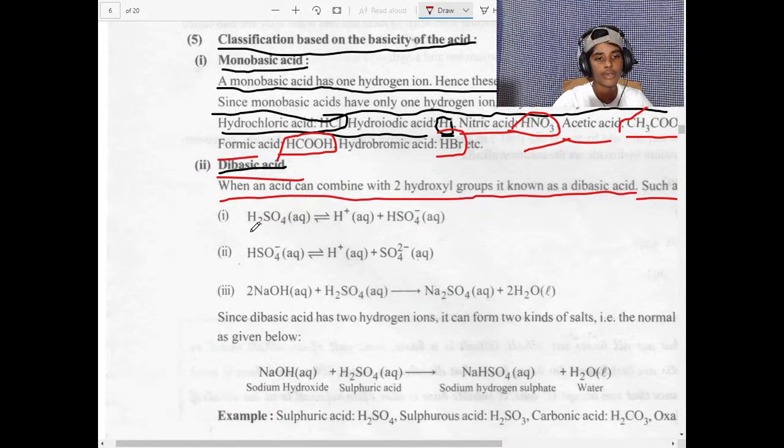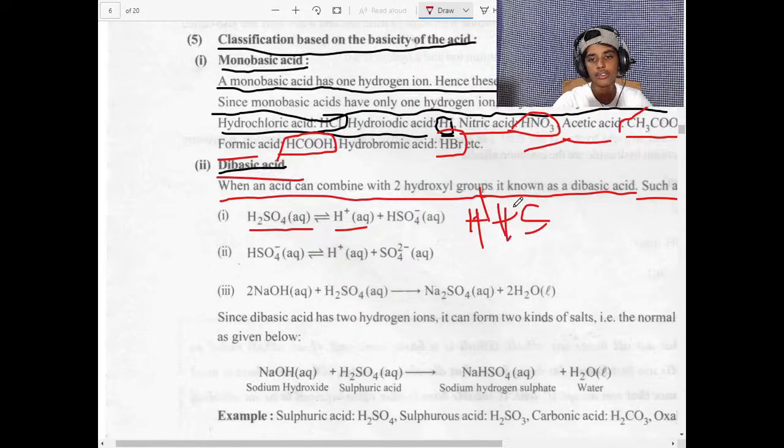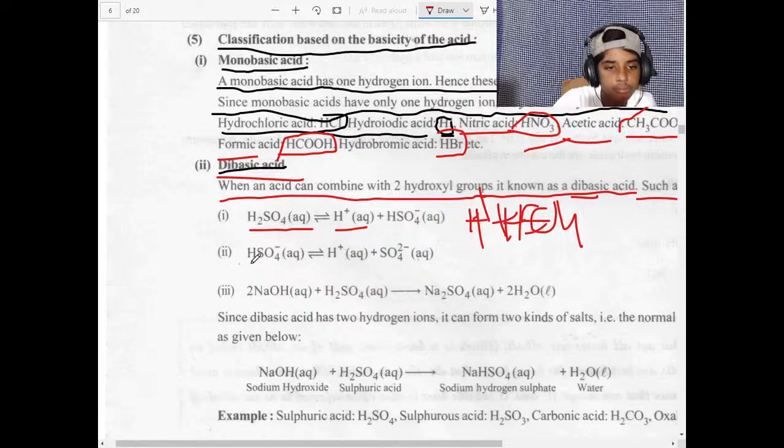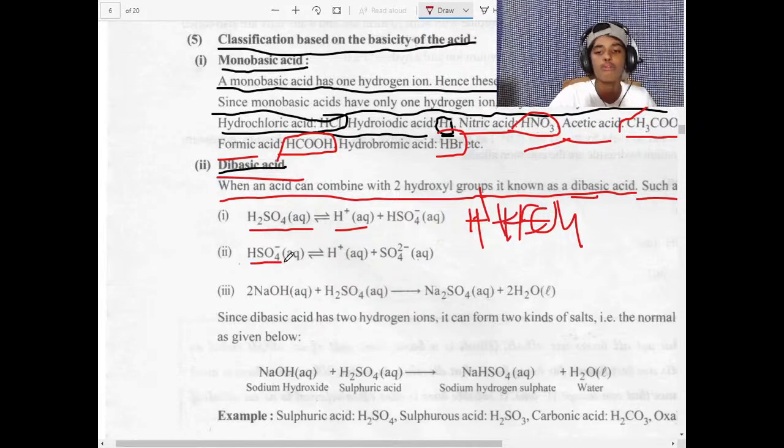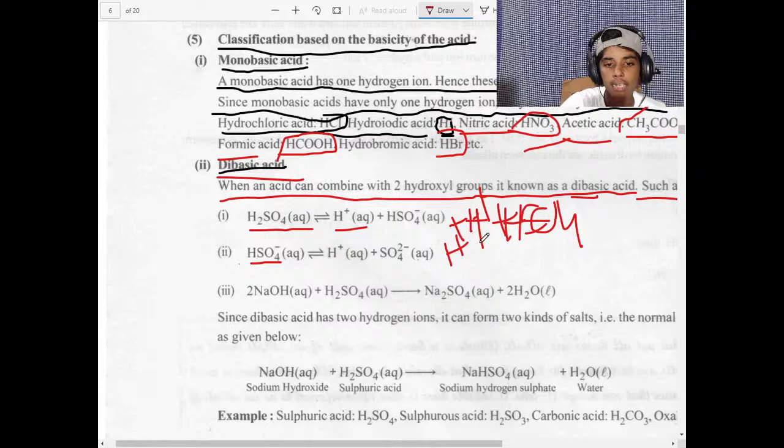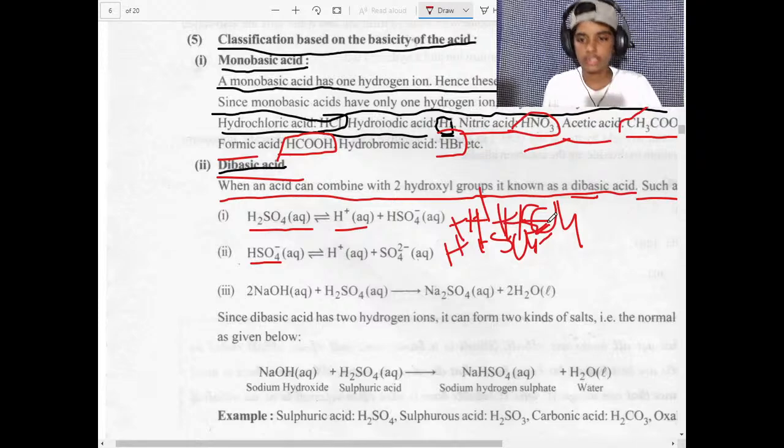First step, H2SO4 in aqueous solution gives H plus plus HSO4 minus. Next, HSO4 minus gives H plus plus SO4 2 minus.